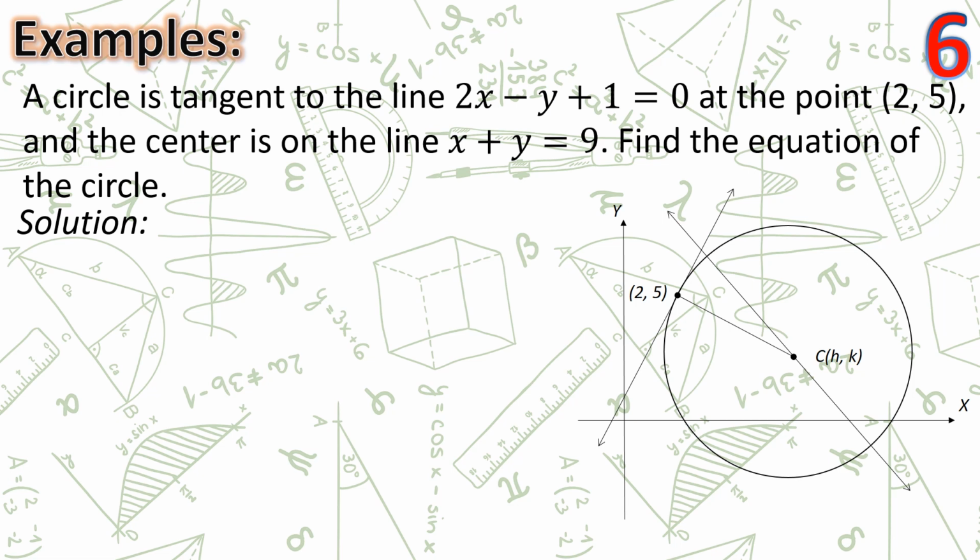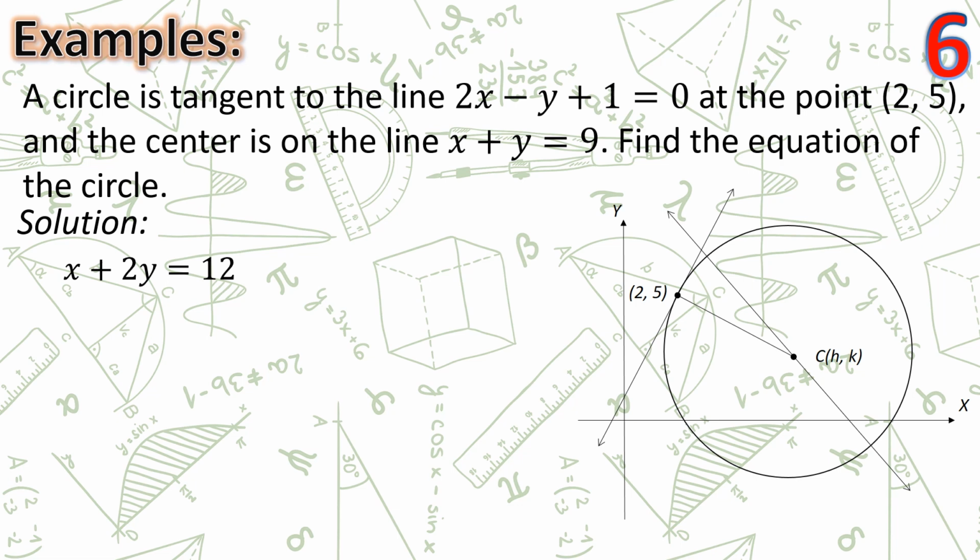Let us find the equation of the line containing the radius. To do that, we use the tangent line 2x minus y plus 1 equals 0. We get the slope, and the slope of the line containing the radius will be the negative reciprocal of the slope of the tangent line.